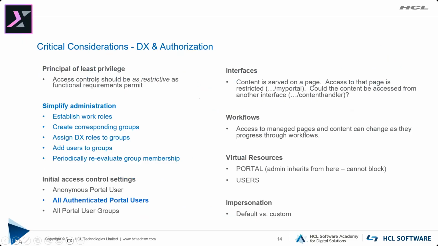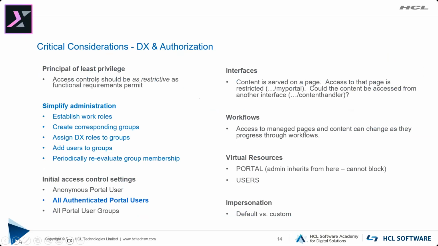What sorts of ideas should we consider as we're thinking about digital experience and authorization? I mentioned earlier the principle of least privilege. Be restrictive in your role assignments. But we also want to simplify our administration by establishing work roles, creating corresponding groups for those work roles, and then we assign those groups to roles within DX.